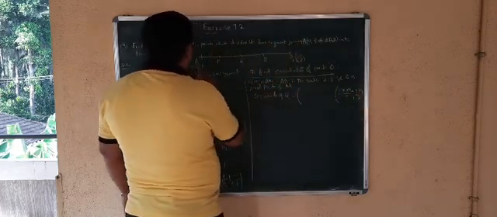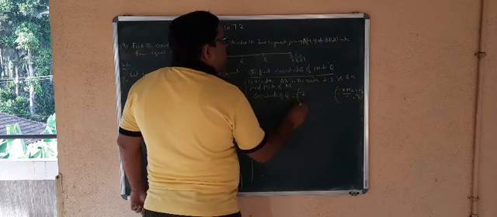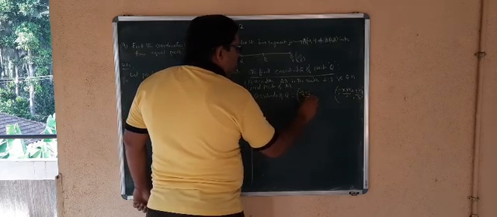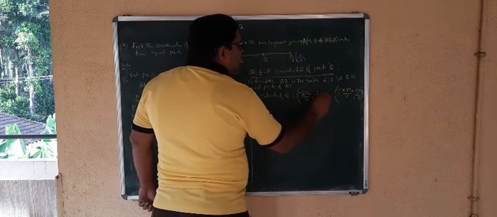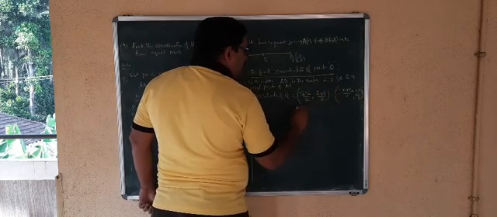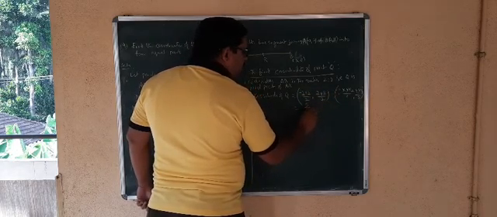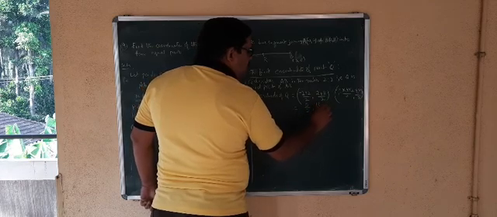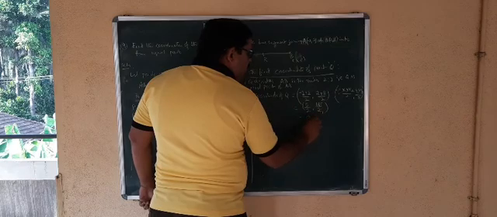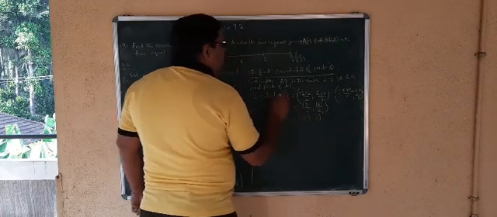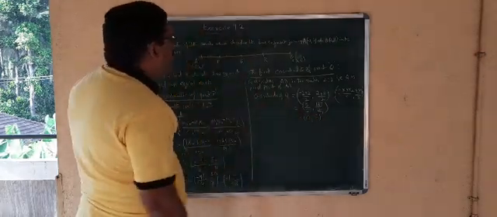So, (-2 plus 2) by 2 comma (2 plus 8) by 2, which is 0 by 2, 10 by 2, 0 comma 5 is the coordinates of point Q.